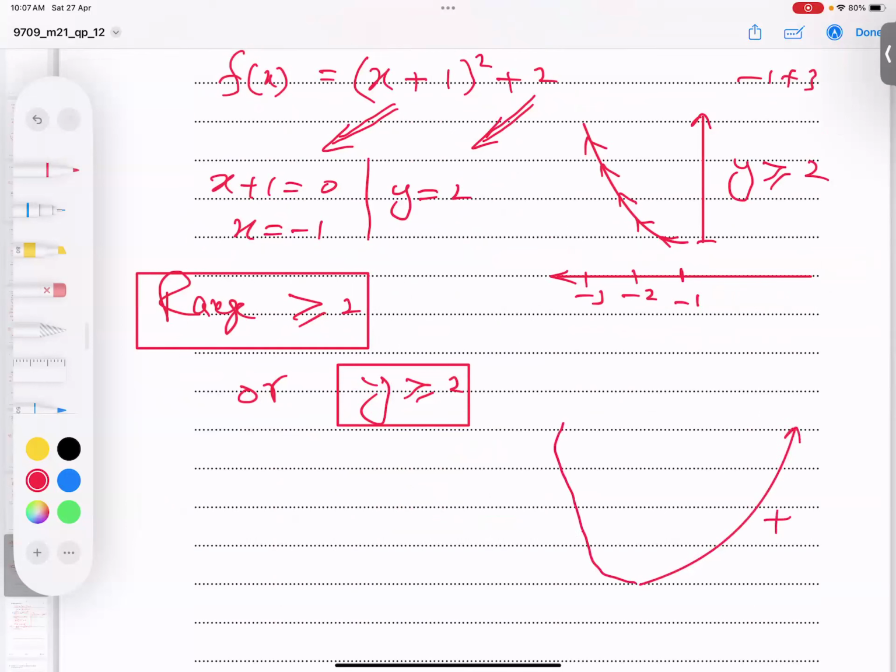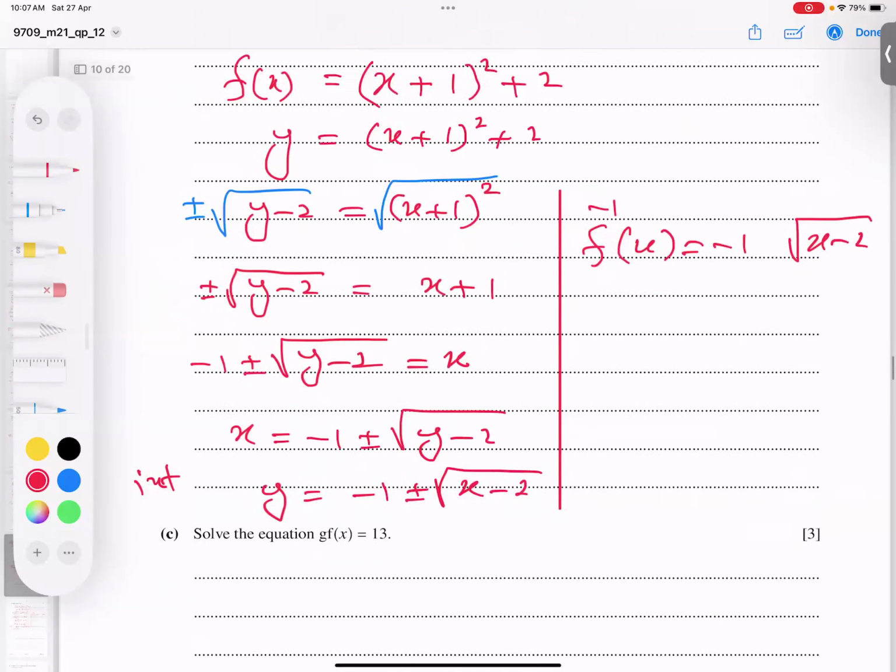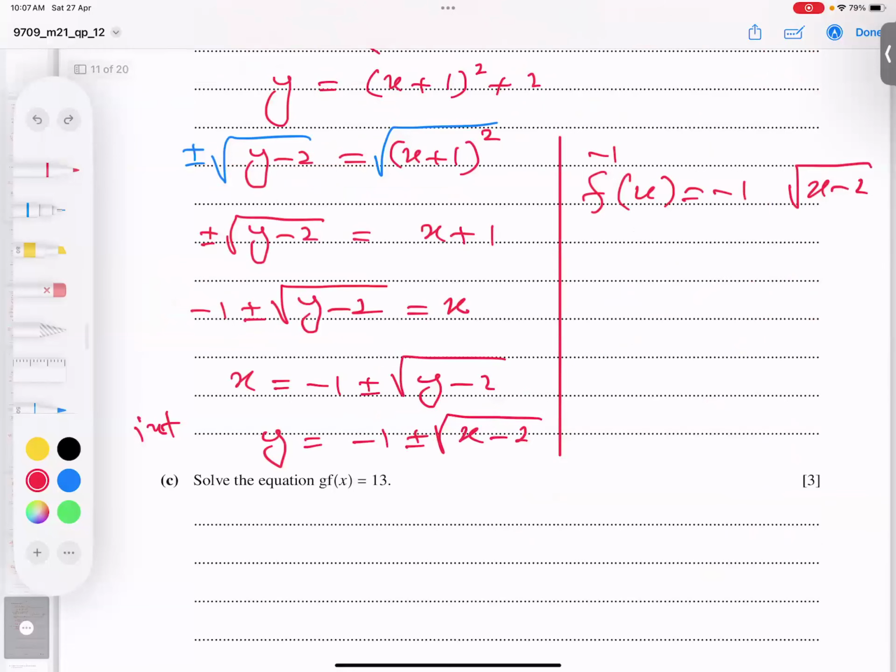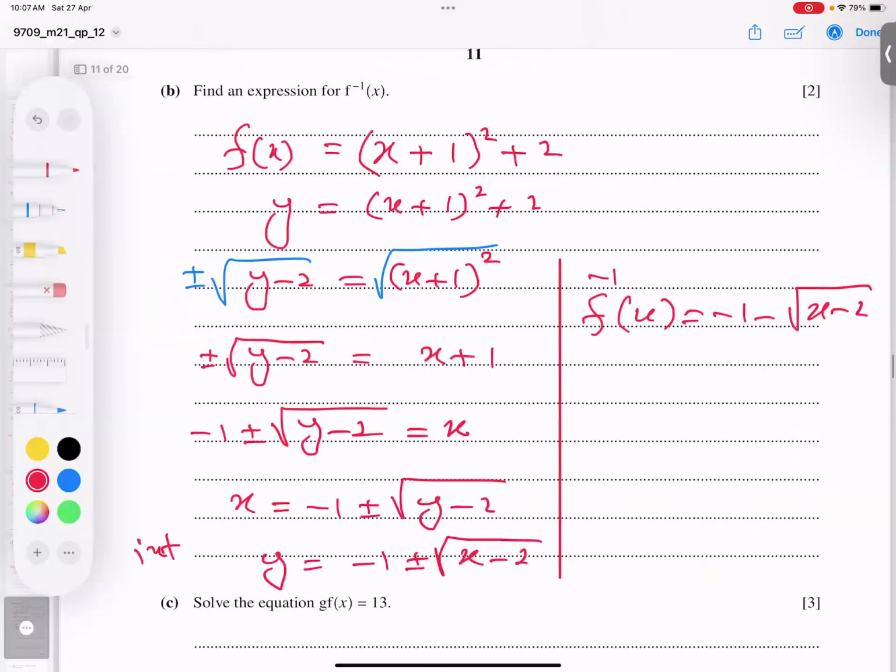If you have the left part of the curve, we always put a negative sign. Because positive is for increasing, negative is for decreasing. So that is why I will plug in not plus and minus, I will plug in negative, because the curve is going this way. There's a logic behind it. Anyway, so this is my answer finally.